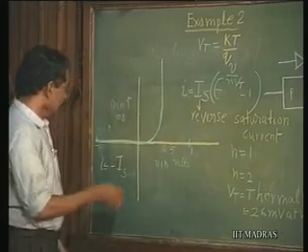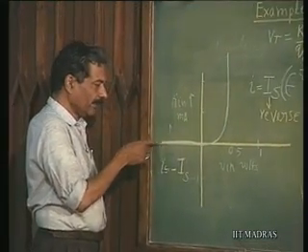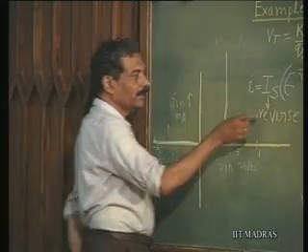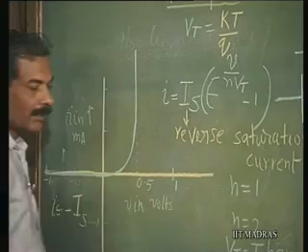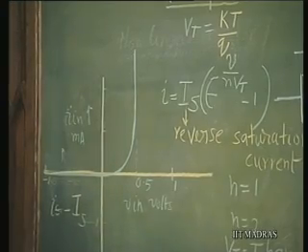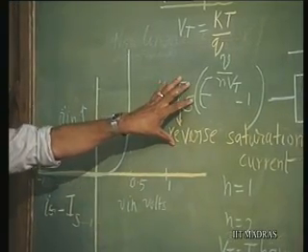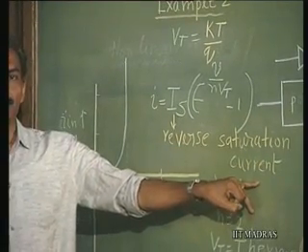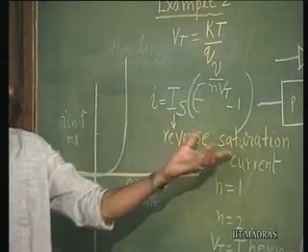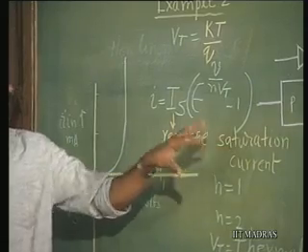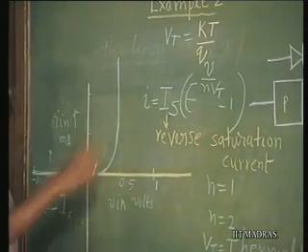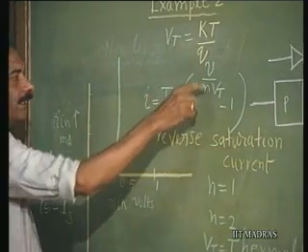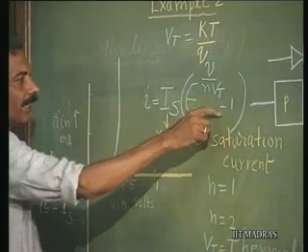So, this current at which it is saturating is called the reverse saturation current. The property of the diode is uniquely characterized by the reverse saturation current. The fabrication of the diode will see to it that this takes on a certain value. So, I is equal to Is exponent V by nVt minus 1.